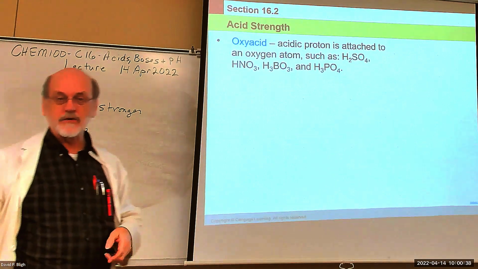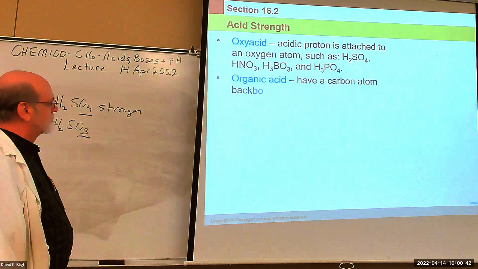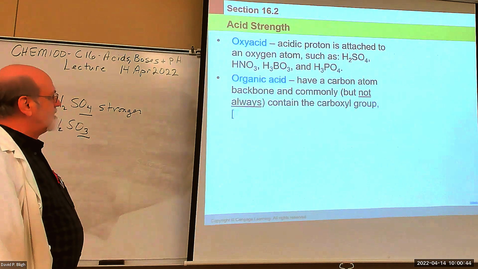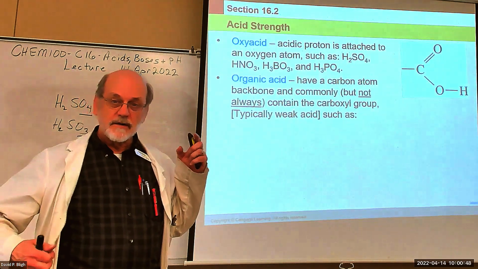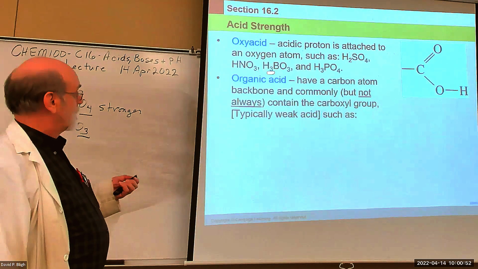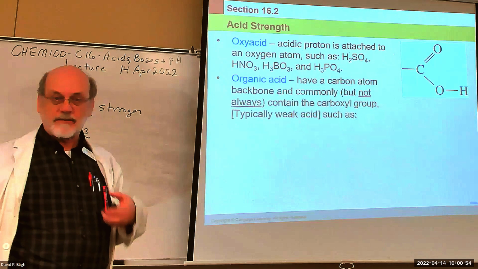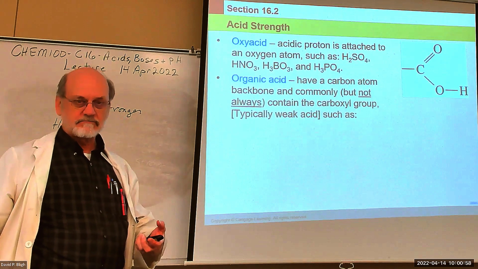And you can do the same thing with other oxyacids. Okay, these oxyacids are known as mineral acids, right? Because they have no organic backbone. Acetic acid is an organic acid.